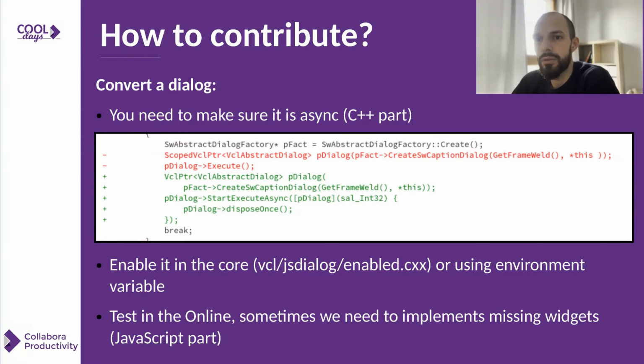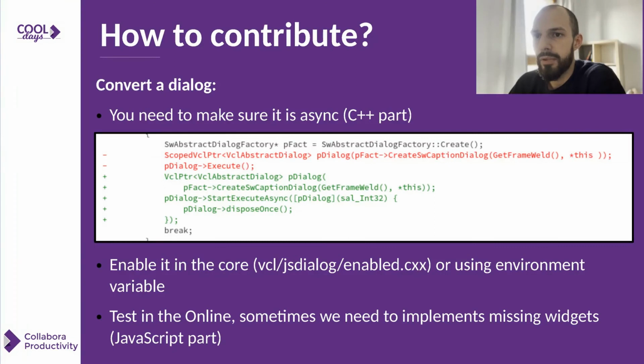What you have to do are only 3 simple steps. First, you have to be sure that this dialog is an async dialog, so it's constructed in the proper way. Here on the slide we have an example of the change. It's really simple because we just change 2 lines of code.